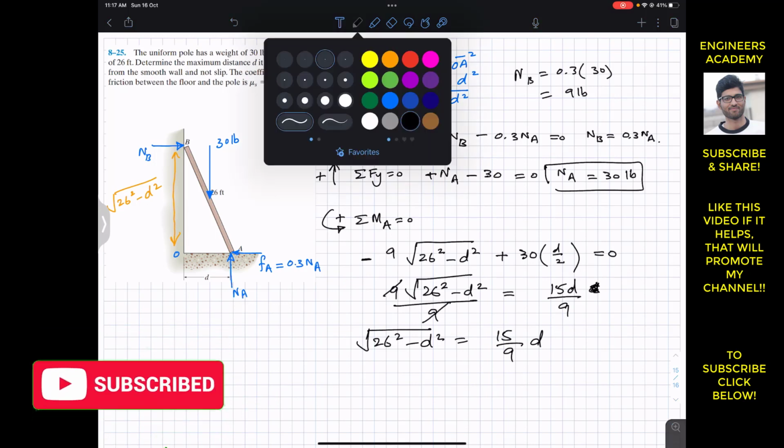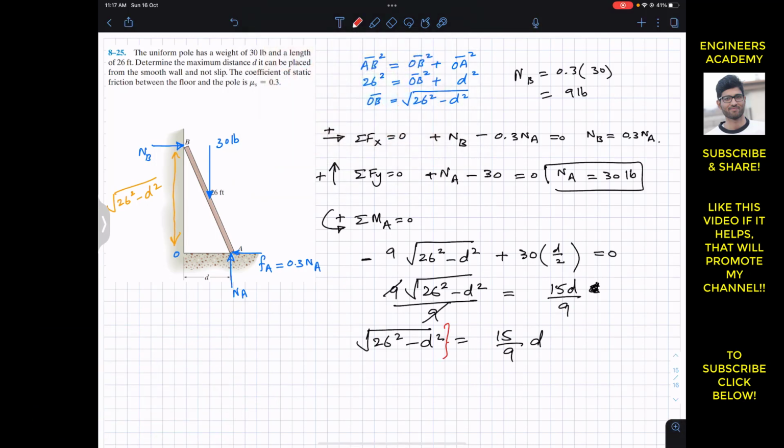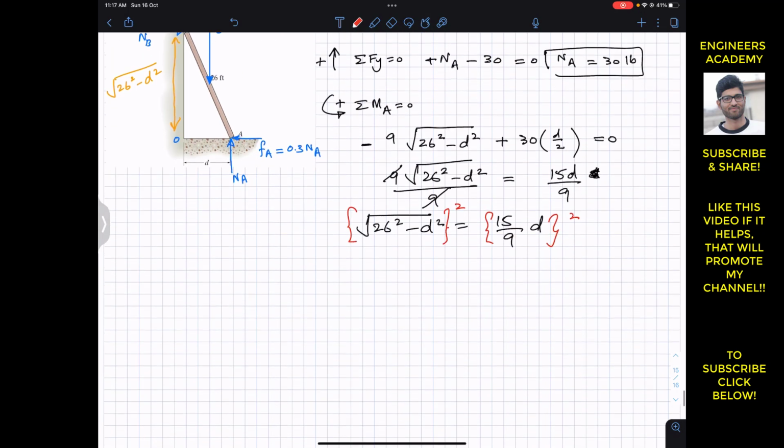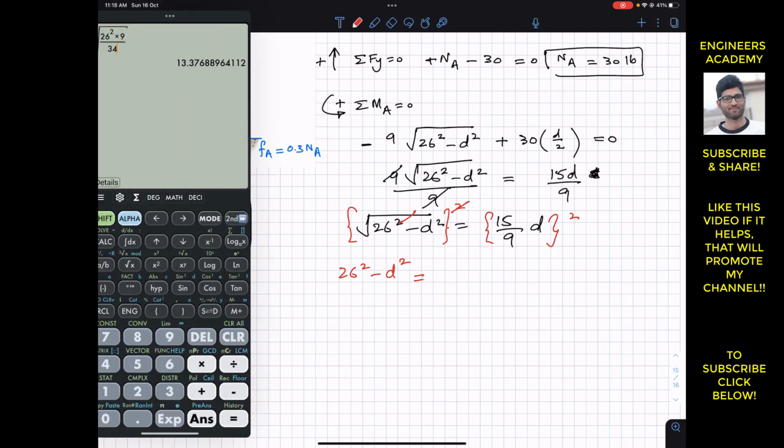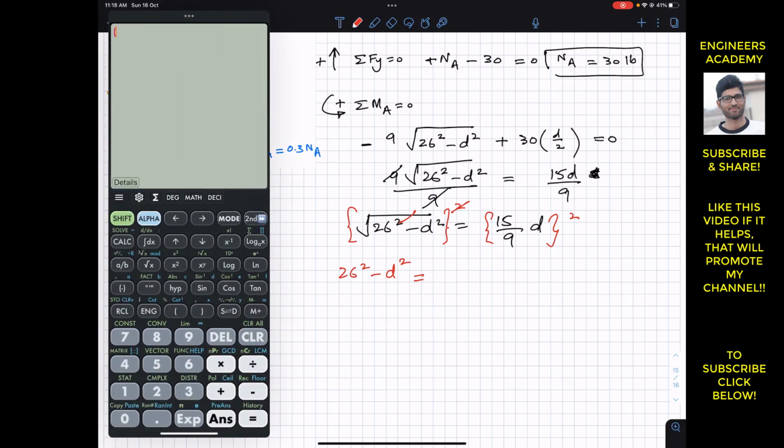Now taking square on both sides, this square will cancel out this square root, so we will have 26 square minus d square equals 15 divided by 9 squared, so this is in fraction, 25 divided by 9 d square.